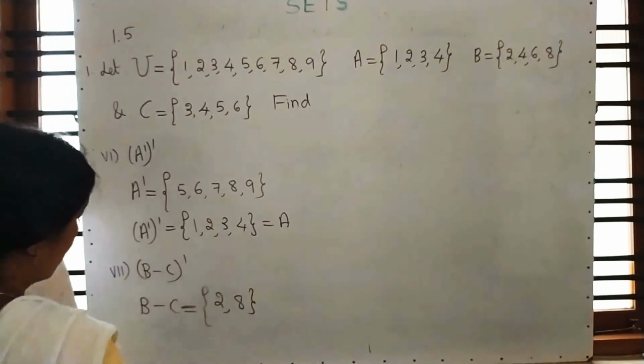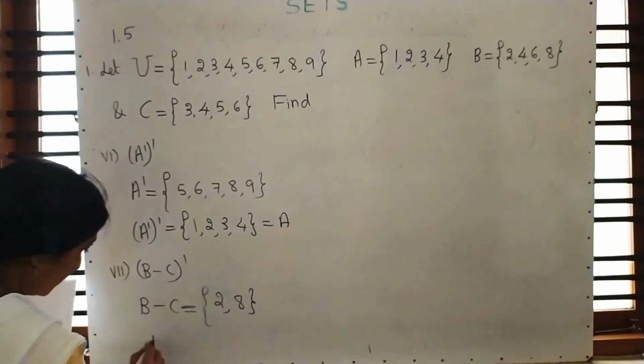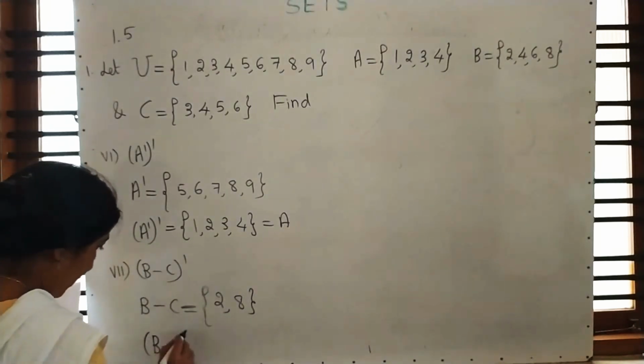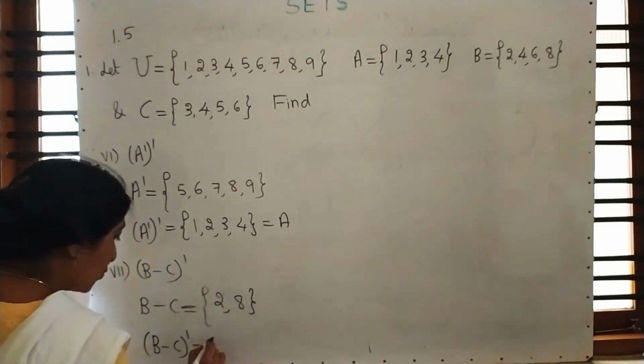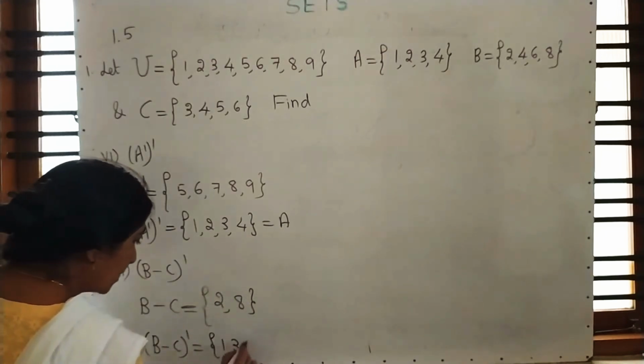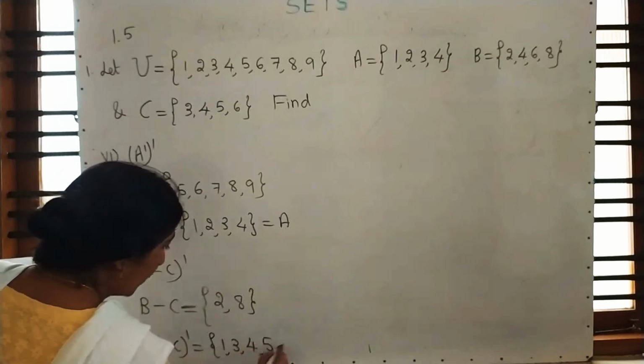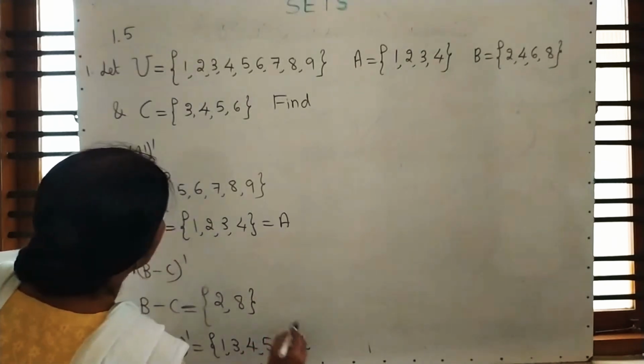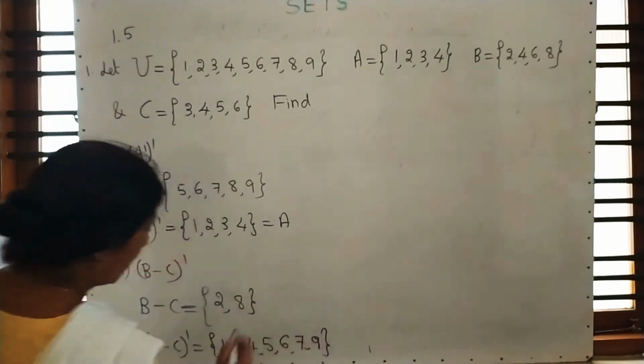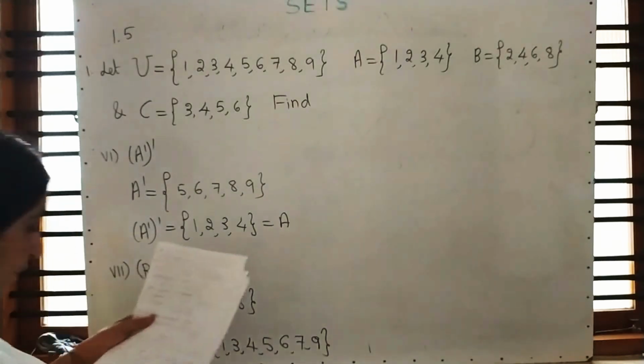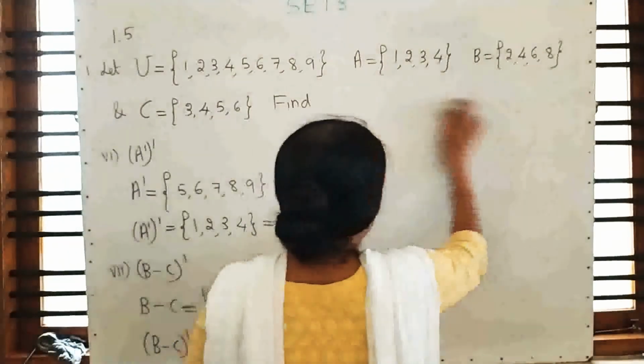Compare this with the universal set, which means don't write 2 and 8. 1, 3, 4, 5, 6, 7, 9. Don't write 2 and 8, write down the remaining elements.